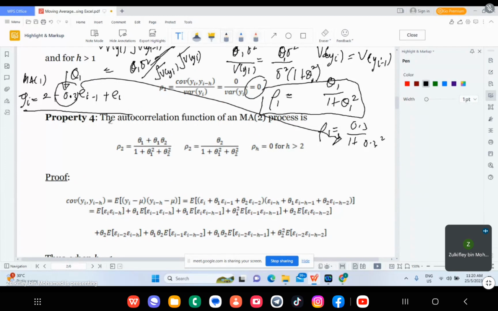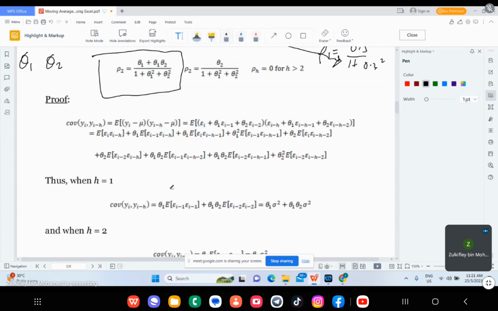Rho2 is equal to theta 2 over 1 plus theta 1 square plus theta 2 square. So that is the autocorrelation function for the MA2 process. So in other words, for the autocorrelation in the MA2 process, you need to have theta 1 and you need to have theta 2. Then you just substitute into this function, you'll get the autocorrelation function for MA2. Ini adalah proofnya.